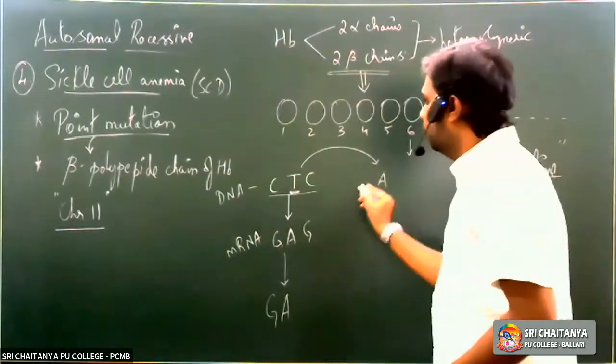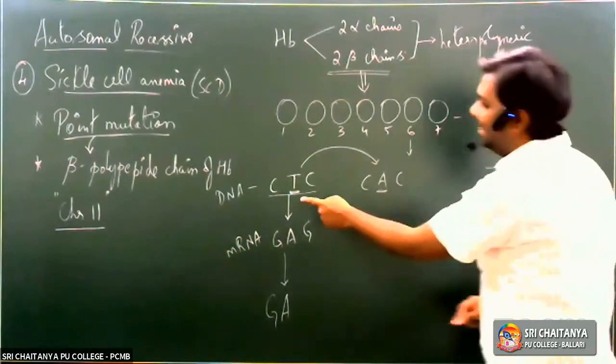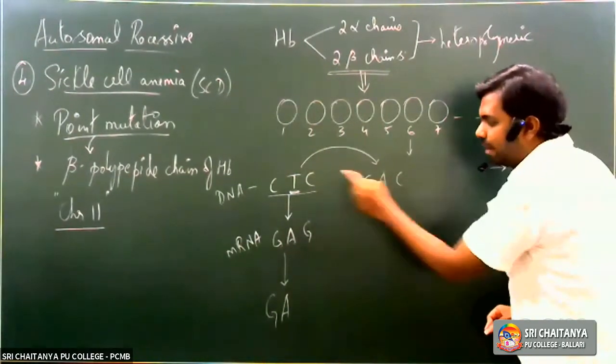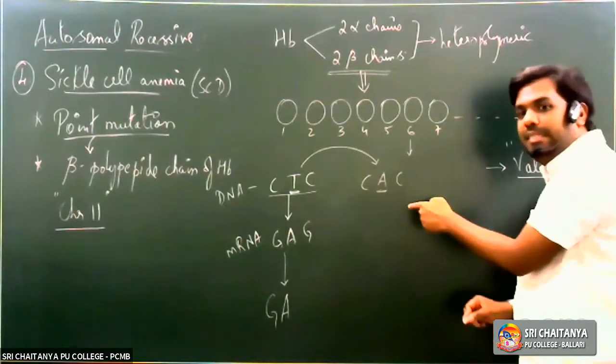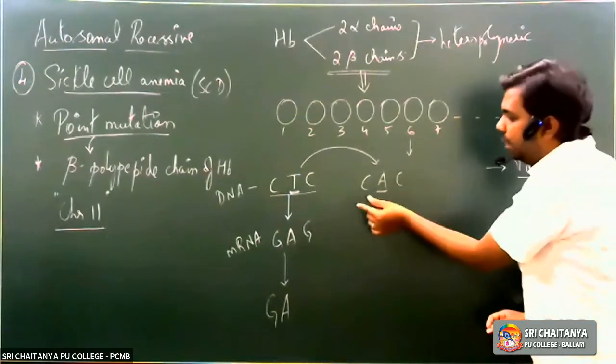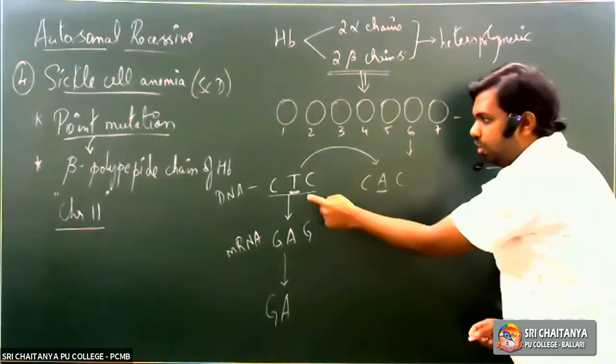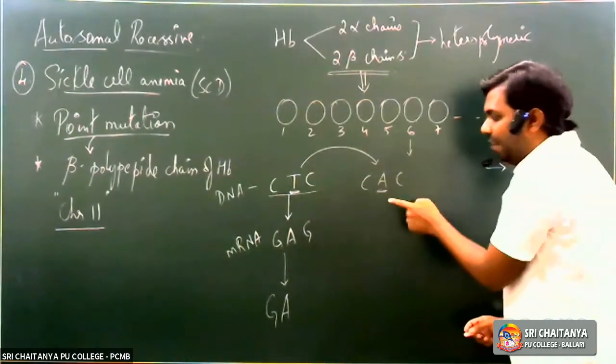So the sequence would become CAC. CTC has been transformed into CAC in this diseased condition. The point mutation is between this T and this A.